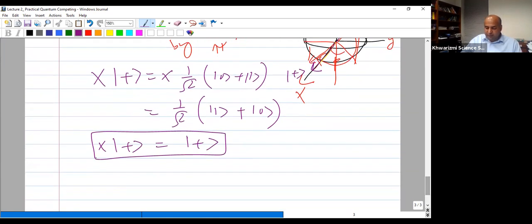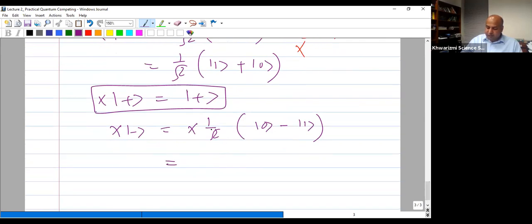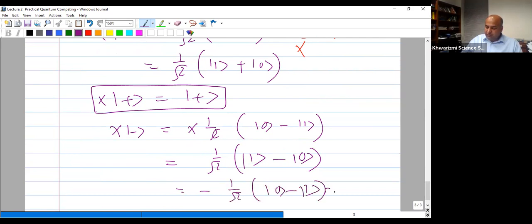Similarly, if we apply X gate on minus state, we will see that except for a global phase, the state is the same. So this X takes 0 to 1 and 1 to 0, and I take negative common. So minus 1 over root 2, 0 minus 1 is minus, minus. So except for this global phase, this state minus remains minus.